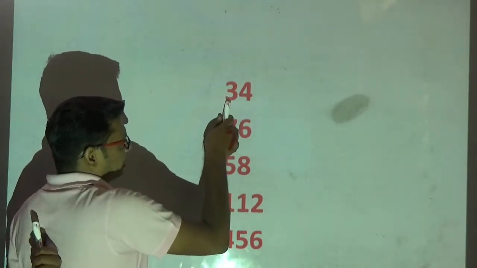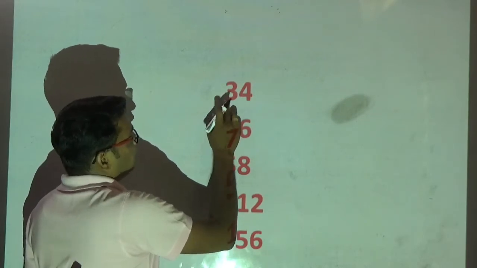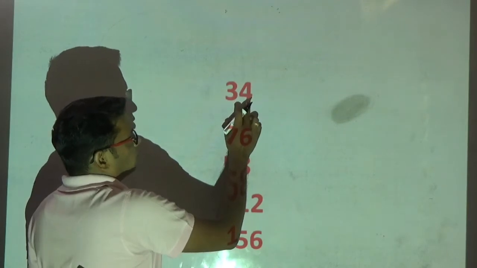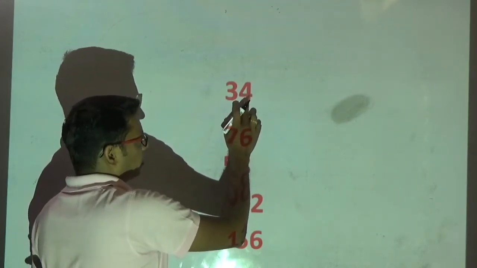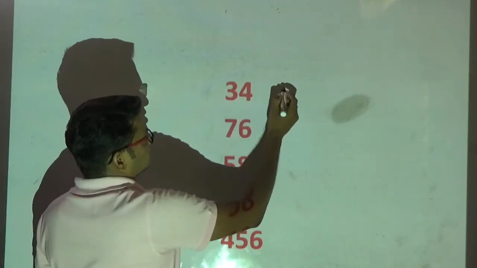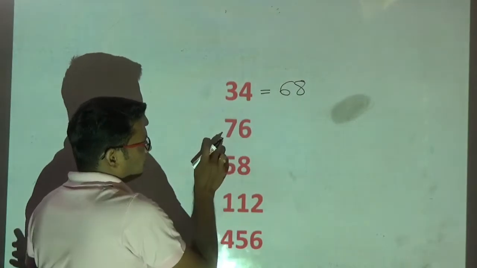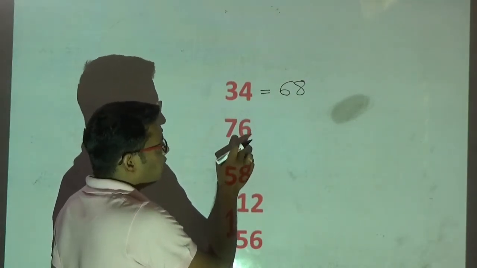See here, what is the number? 3. Before doubling 3, you observe the next number, 4. 4 is less than 5, correct? When the next number is less than 5, you just double. 3 double is 6. 4 double is 8. Now you observe, it is 7 and the next number is 6. It is more than 5.